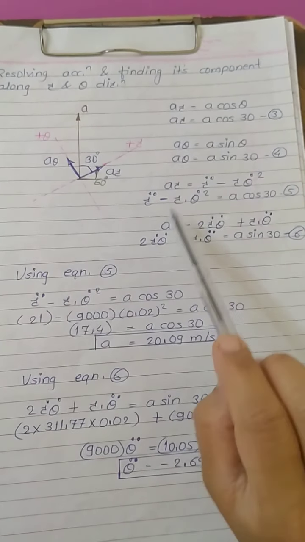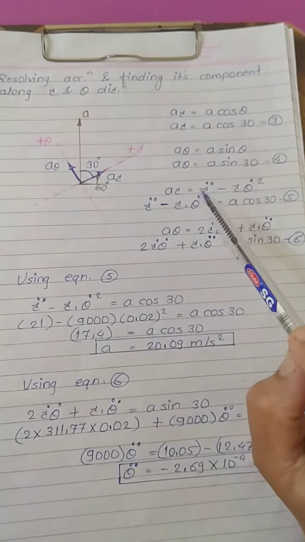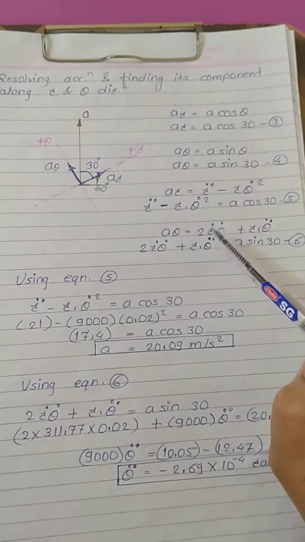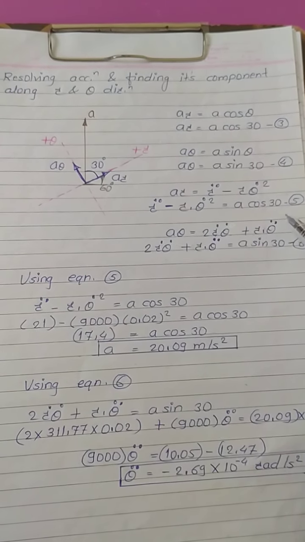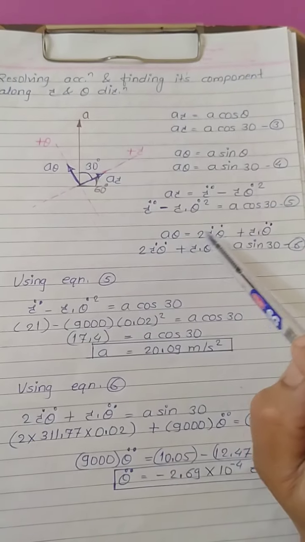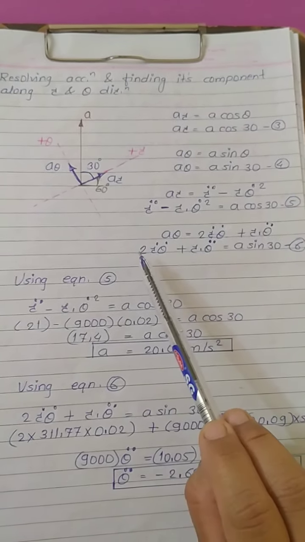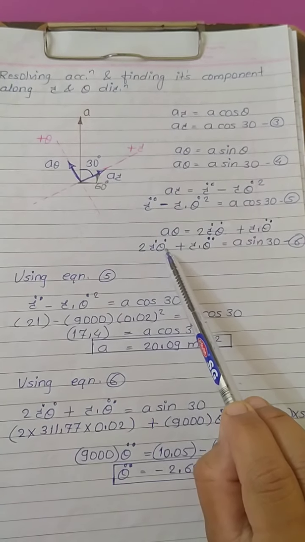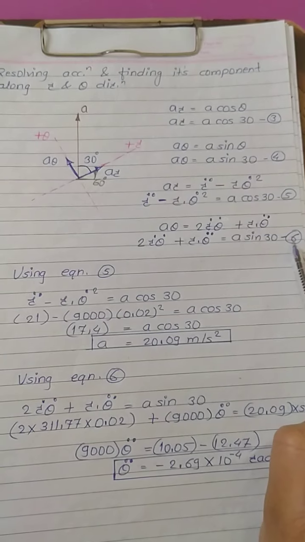Similar to this, my second equation will reduce to, now look, I know a theta equals 2 r dot theta dot plus r theta double dot. So equate this to a sin 30. The equation will reduce to 2 r dot theta dot plus r theta double dot equals a sin 30.